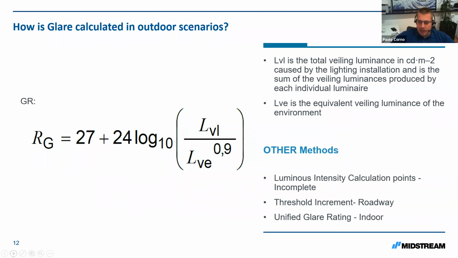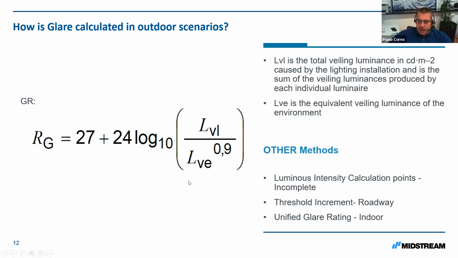As you see, the formula here revolves around a ratio between two main values. The LVL, which is the veiling luminance caused by the artificial lighting that we are evaluating. So it is the sum of all the veiling luminances produced by each luminaire that I'm going to be placing in my outdoor scenario. Veiling luminance is the luminance superimposed onto the human retina, and it's actually what's called disabling glare.